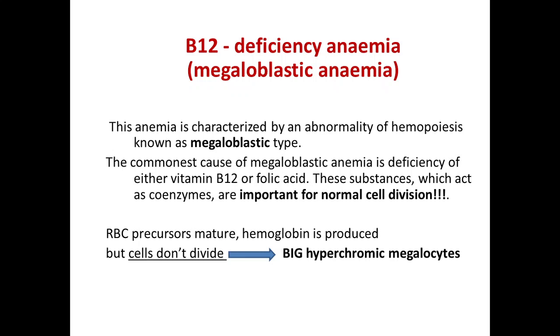These substances, which act as coenzymes, are important for normal cell division. That's why in this type of anemia, cells cannot divide in bone marrow, and it leads to the appearance of big hyperchromic megalocytes and megaloblasts in peripheral blood.